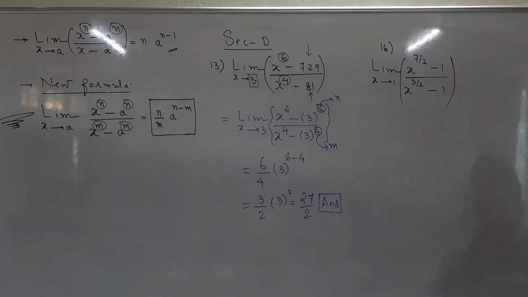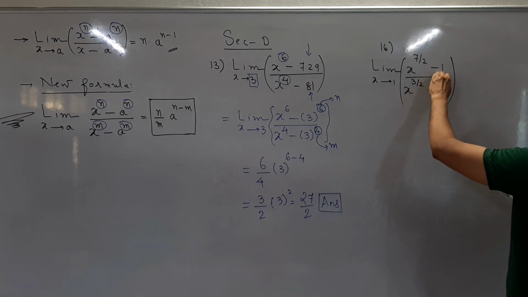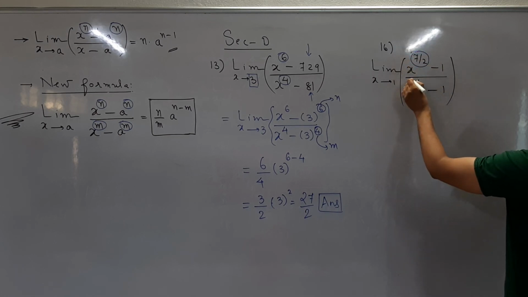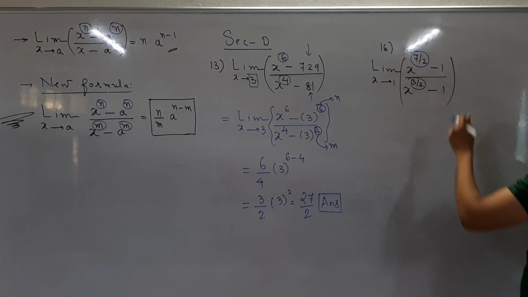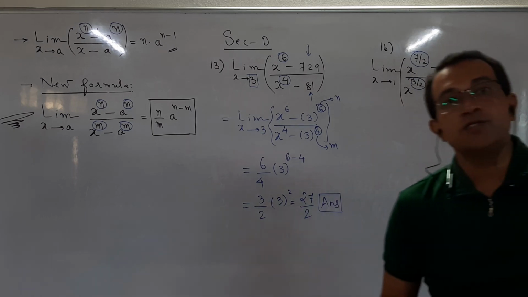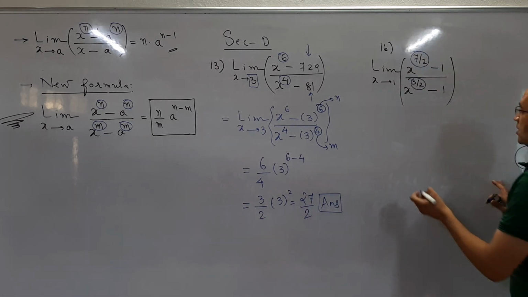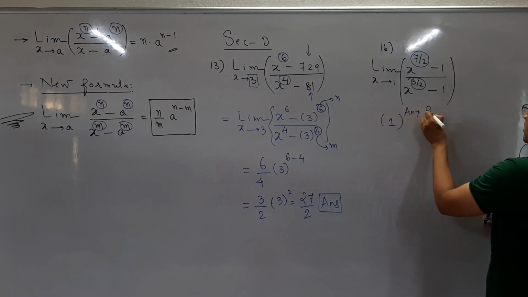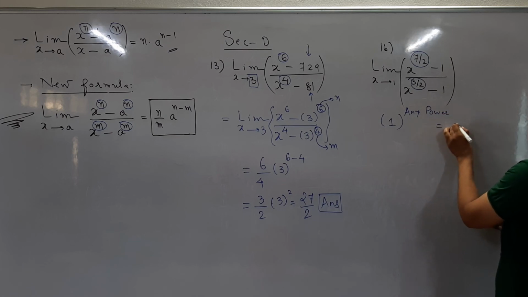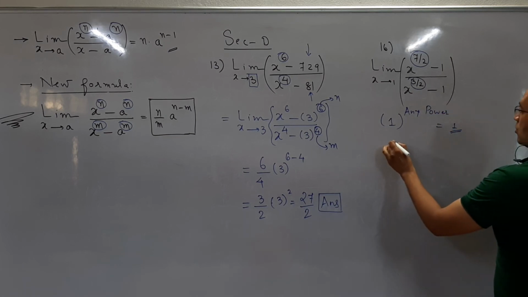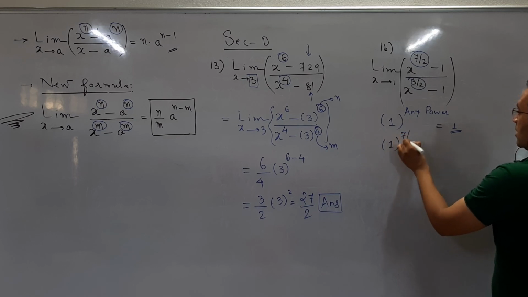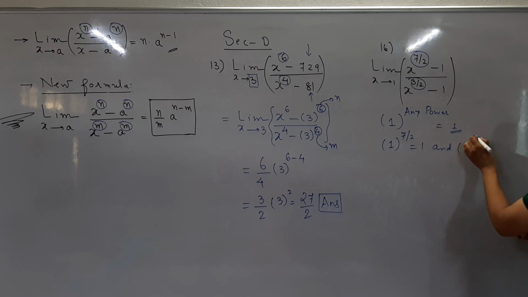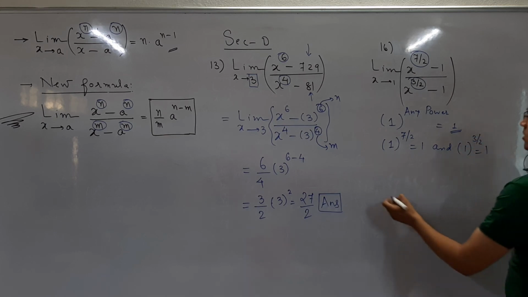Now here you are worried that how will we get this as power 7 by 2, because these two powers must be same. Means here 7 by 2, then here also. Now my dear students, 1 raised to any power is 1. So 1 raised to 7 by 2 will be also 1, and 1 raised to 3 by 2 will be also 1.